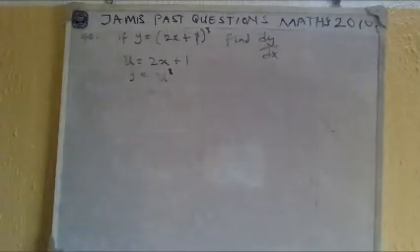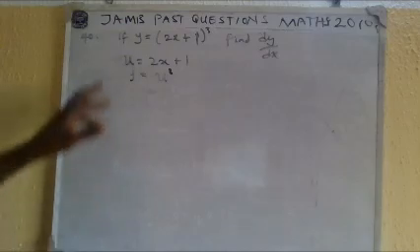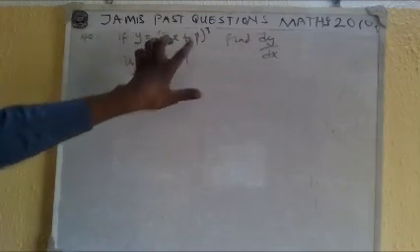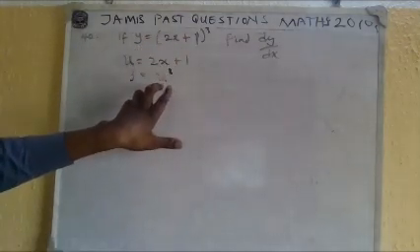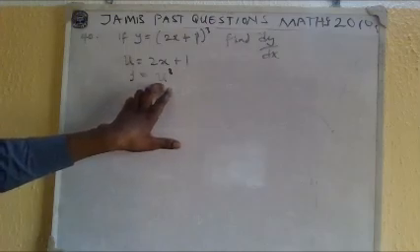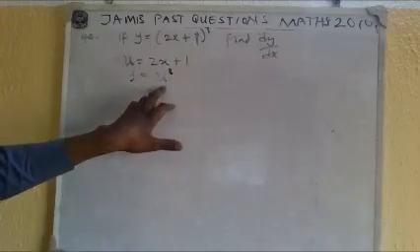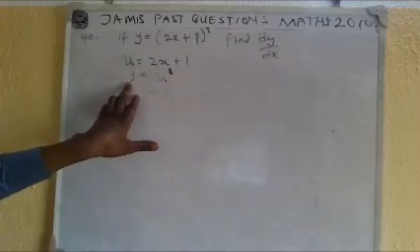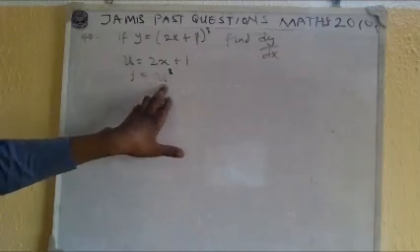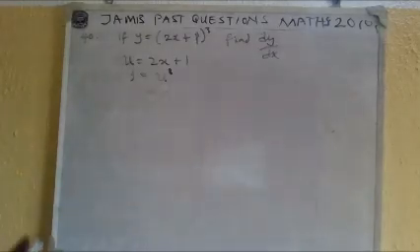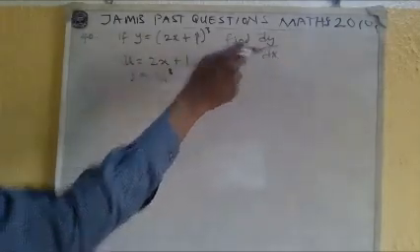So there are two functions here. Let u be this inside here. By the time I replace this one by u, I get this one. So this function is actually a function of u, and u is also a function of x. But my goal is to find dy/dx.